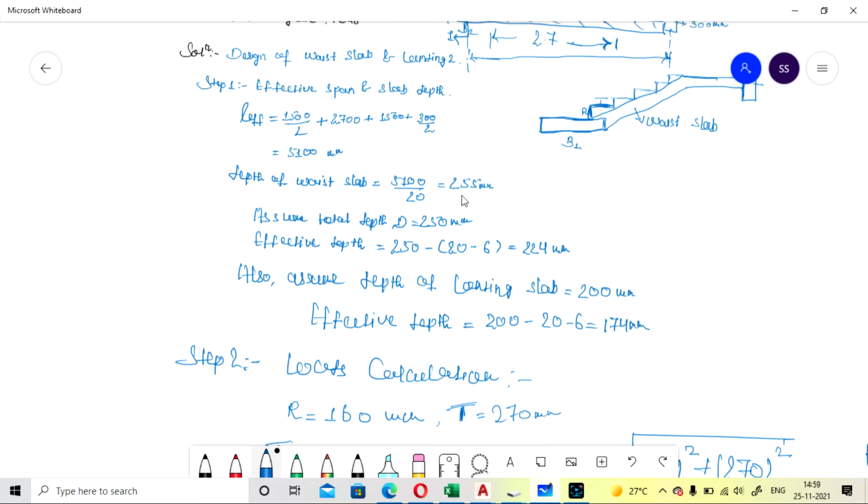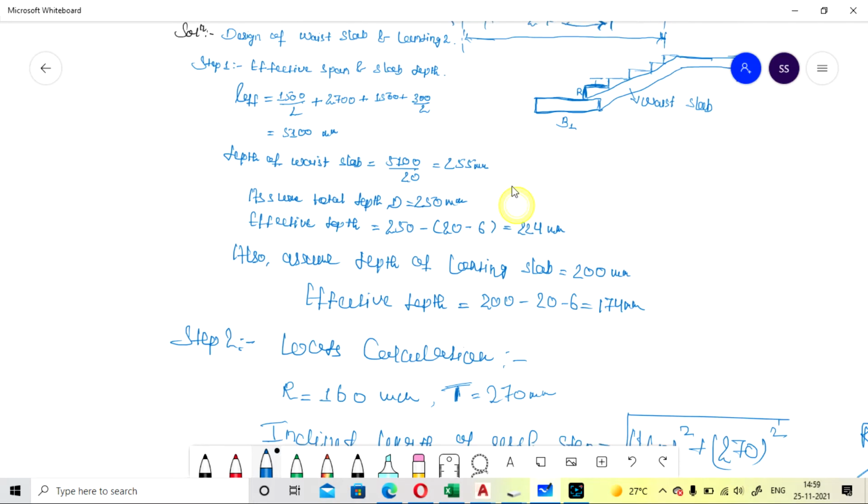This will give you a general idea of what depth is required, because after loading the depth may be different or may fail in deflection, so we can go with 250 mm.